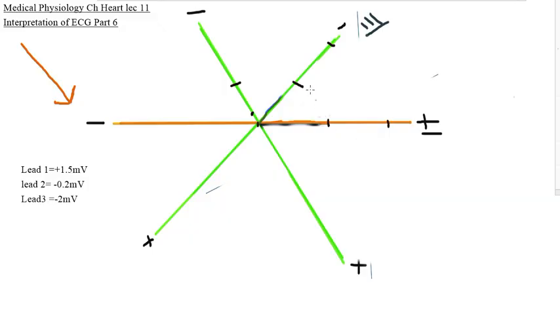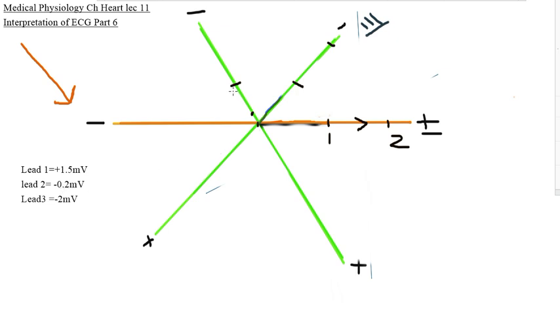This is the axis of lead 1, lead 2, lead 3, and we have calibrated this as 1 millivolt and this as 2 millivolt. According to our electrocardiography recording paper, lead 1 will record plus 1.5 millivolt, so it will record on the positive axis, not the negative, between 1 and 2 millivolt. This is the recording by lead 1, whereas lead 2 records minus 0.2 millivolt.